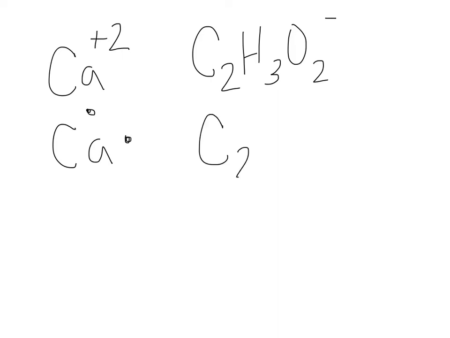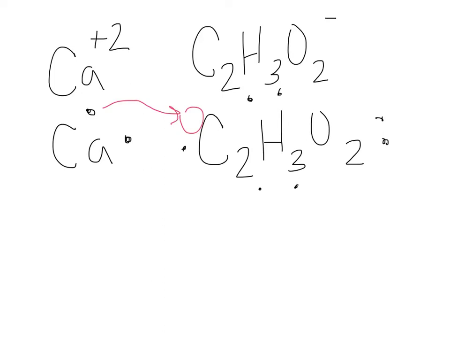I write my acetate with it wanting to have 1 more electron, hole being here. Electron gets put into that hole. Now acetate has all electrons paired, but my calcium still has 1 more electron.